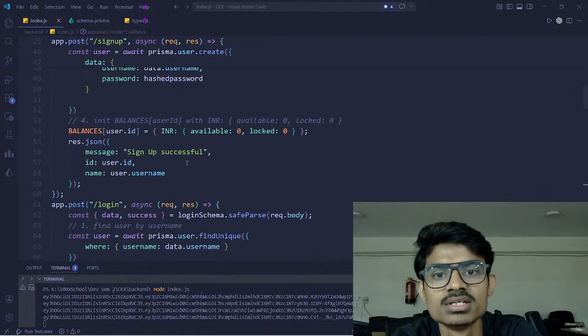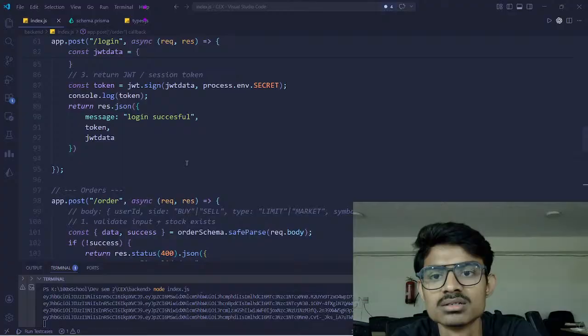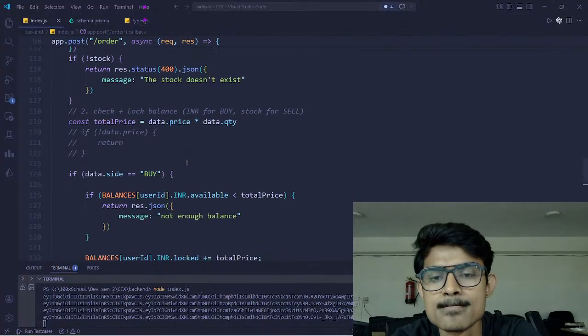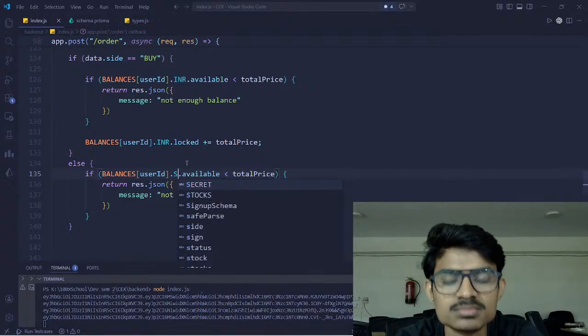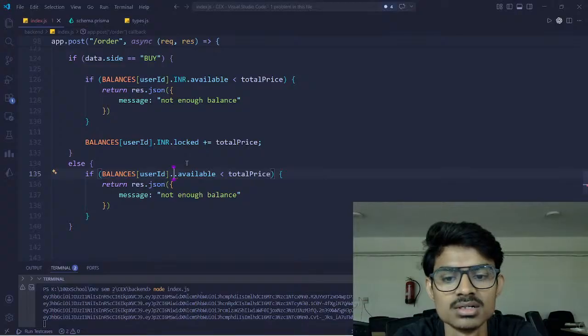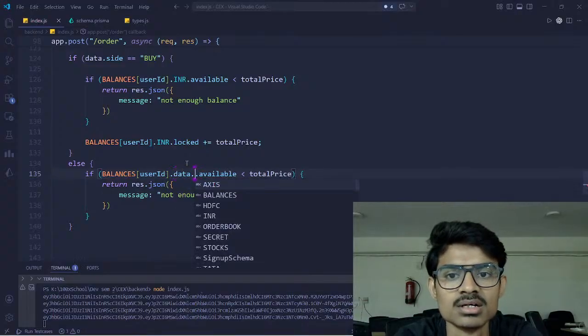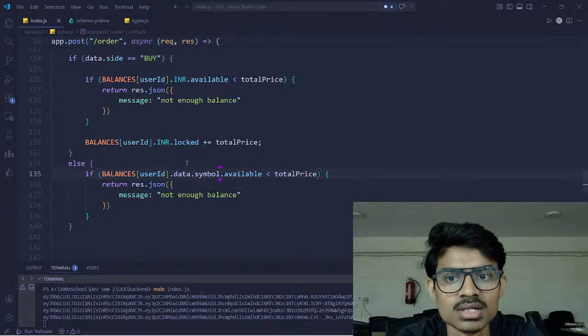We need to get the symbol. Symbol dot data.symbol, right?